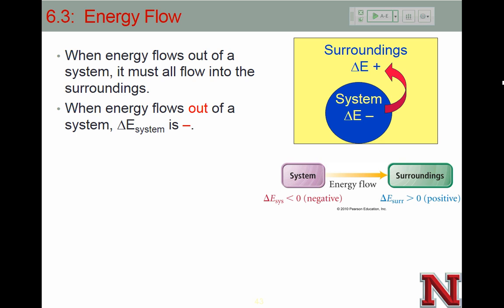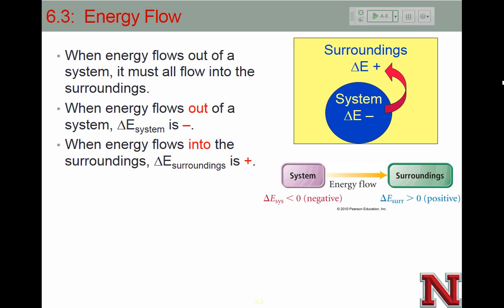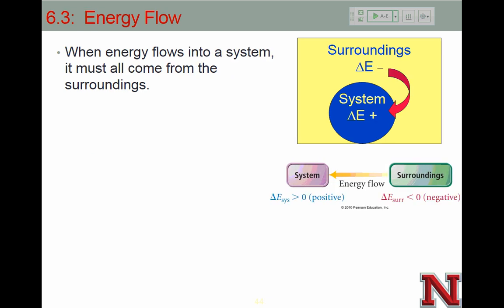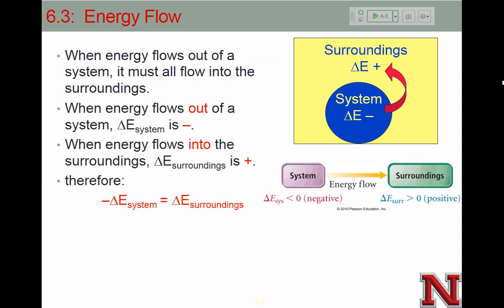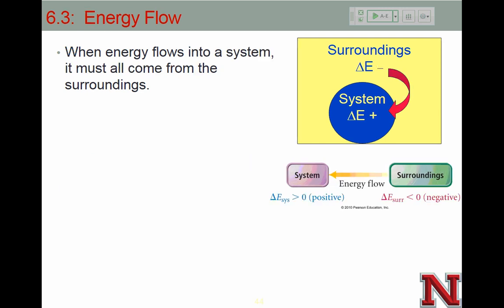When energy flows into the surroundings, our surroundings is positive, and as far as the magnitude, they're going to be equal. If this was negative 20 joules, this is going to be positive 20 joules, because our system is losing the same amount of energy the surroundings is getting. So our delta E system is negative and our surroundings are positive.